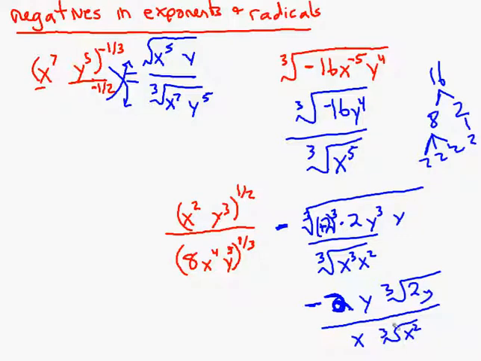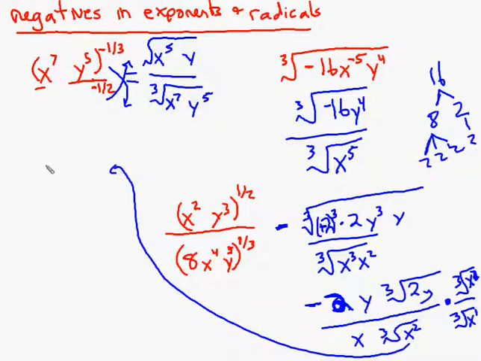Now I cannot leave that in my denominator. I need to rationalize, which is what a lot of you are not doing. Now, well, that should be x to the 1. I need a perfect cube here because it's a cube root. This is a squared, so I'm going to multiply by cube root of x to the 1. That will give me my perfect cube.